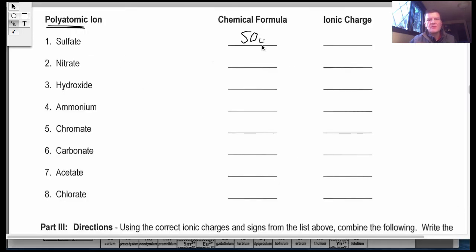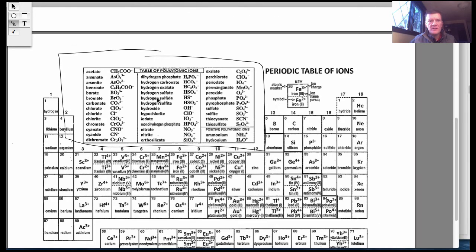Sulfate is SO4, and it has a 2 negative charge. Nitrate is NO3, and it has a charge of also -2. And again, they're all right here for you. There's sulfate, okay? There's nitrate.